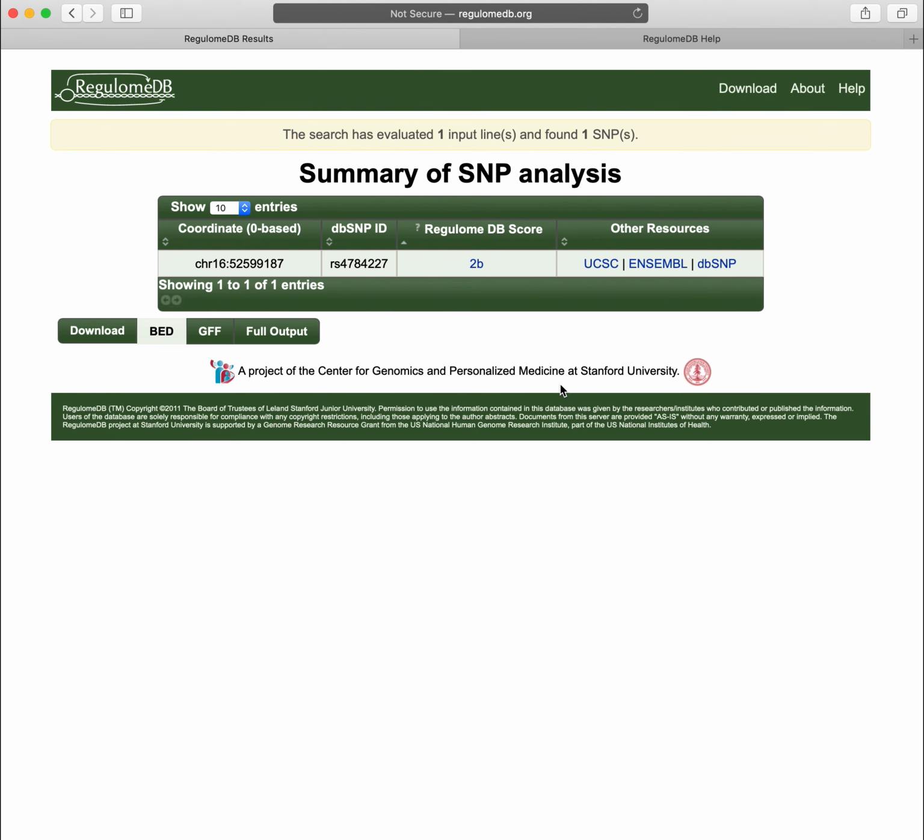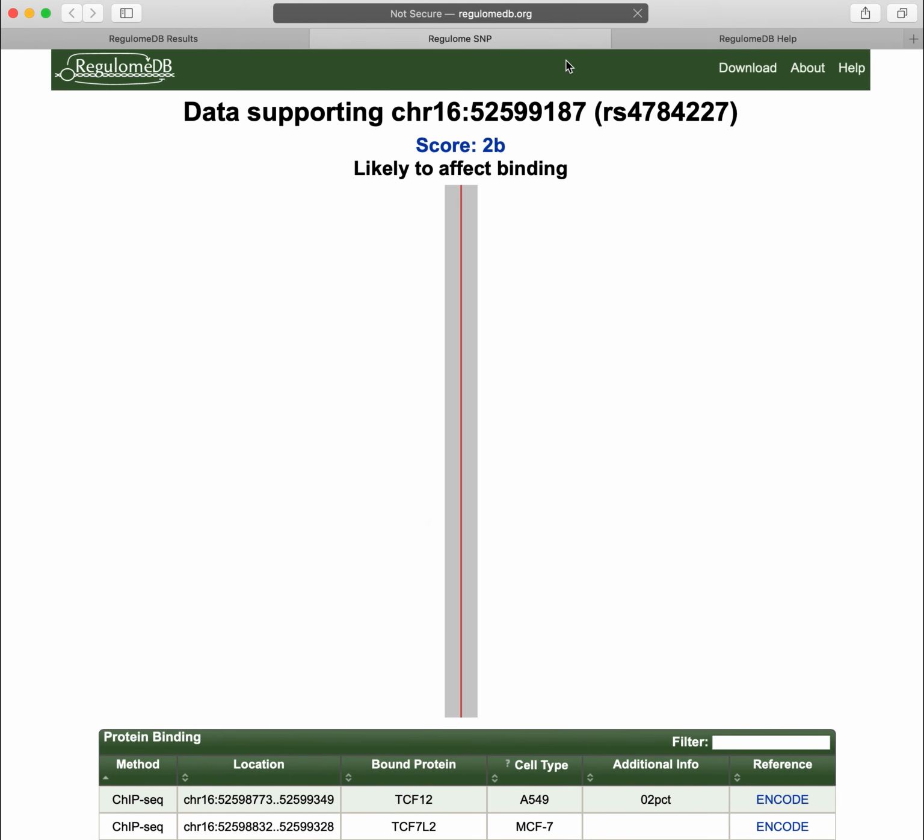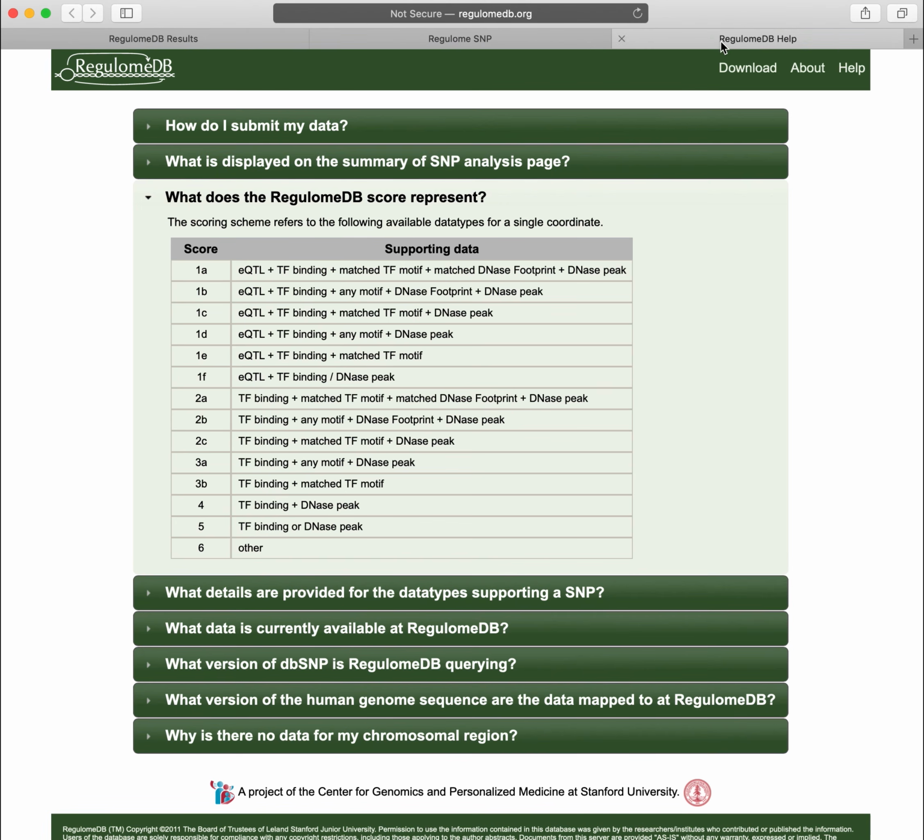and one of the useful features in RegulomeDB is a scoring system. The 2B here links to the details of the scoring, but you can also go to the help page to check what each score means.